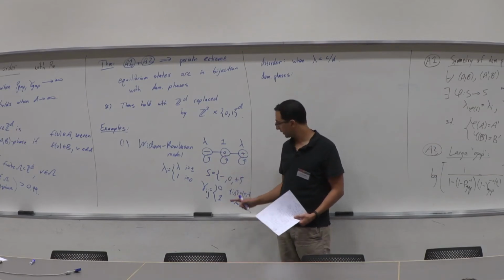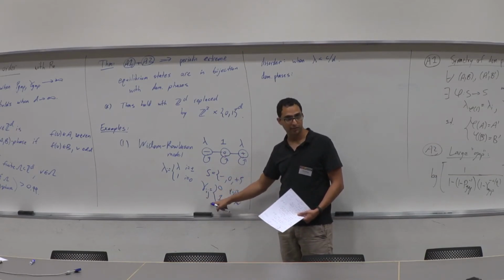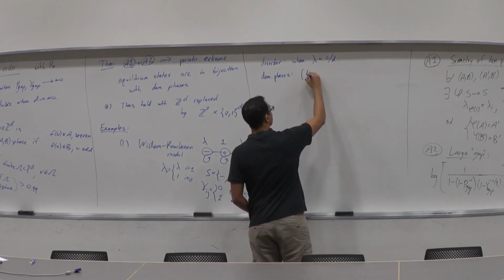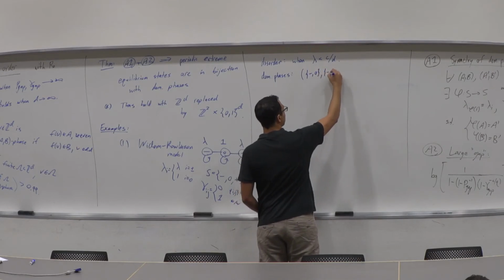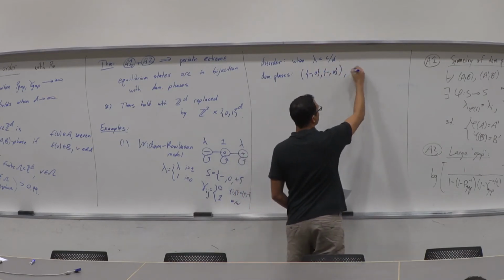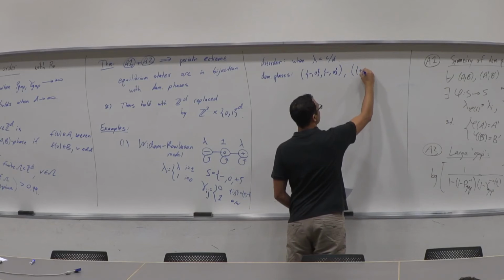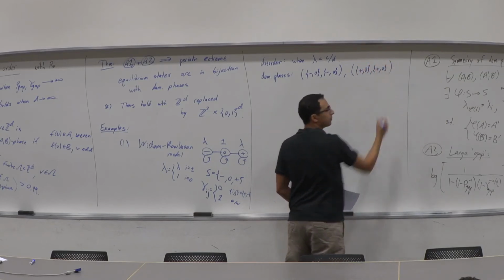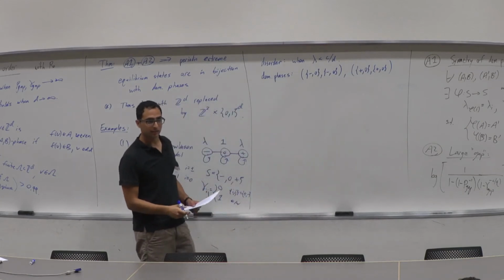That's the only thing that's not allowed by these pairwise interactions. And just checking this, one can check that the phases are minus and 0 on both sides, and similarly plus and 0 on both sides. Okay, these are the dominant phases.